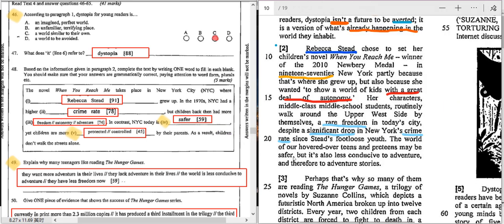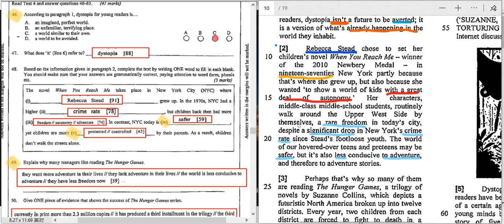You also see the word here. The world may be safer, but at the same time it's also less conducive to adventure. They have a lower chance to have an adventure, and therefore to adventure stories.